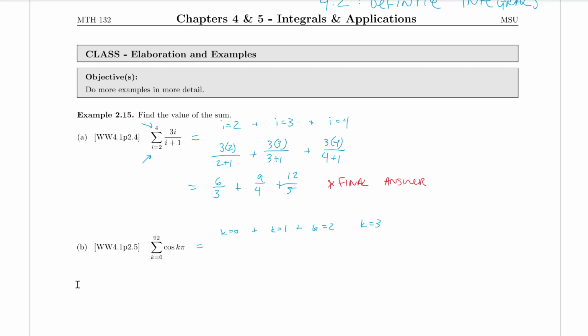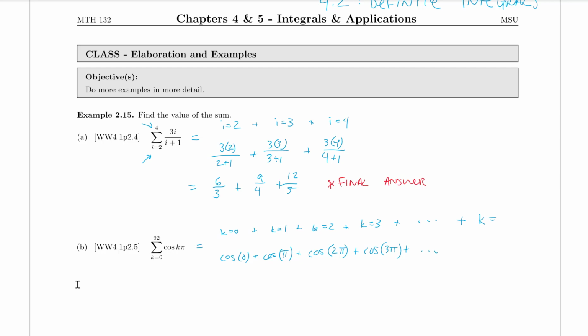We start adding these together. So we're going to get the cosine of 0 plus the cosine of pi plus the cosine of 2 pi plus the cosine of 3 pi plus, and we can use this dot dot dot to represent that.